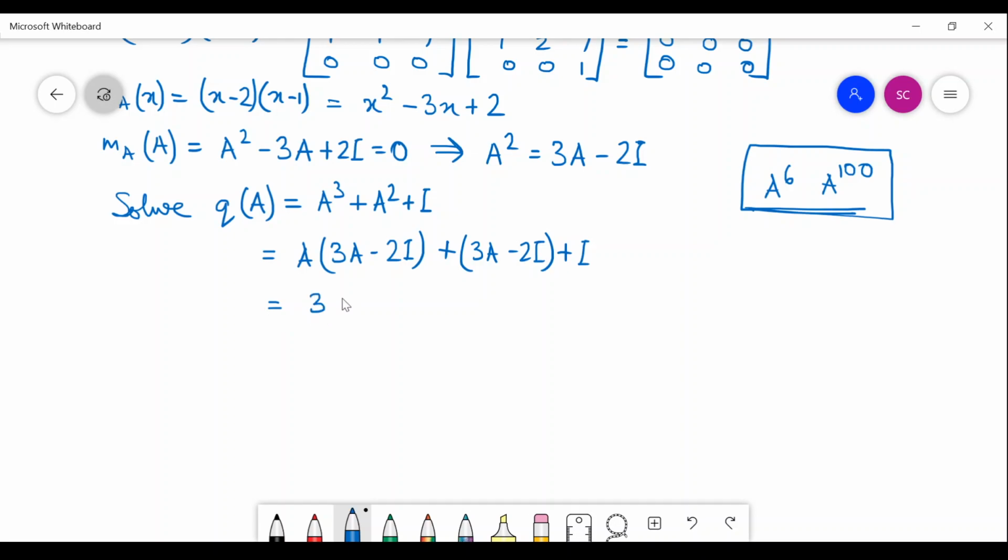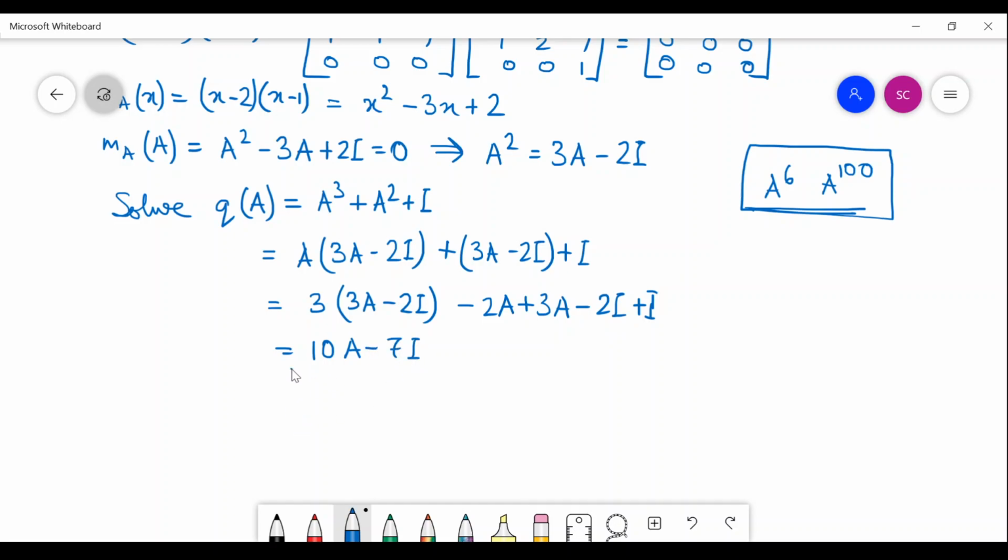So here 3A square, again I am writing 3A minus 2I instead of A square. Then I am getting minus 2A plus 3A minus 2I plus I. So you see that 9A, and here it is only 1A, so it is 10A. How many I's? Minus 6, minus 1, minus 7I.